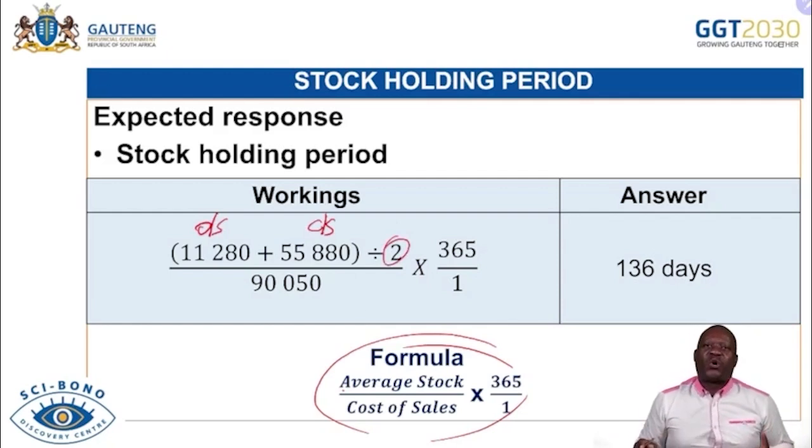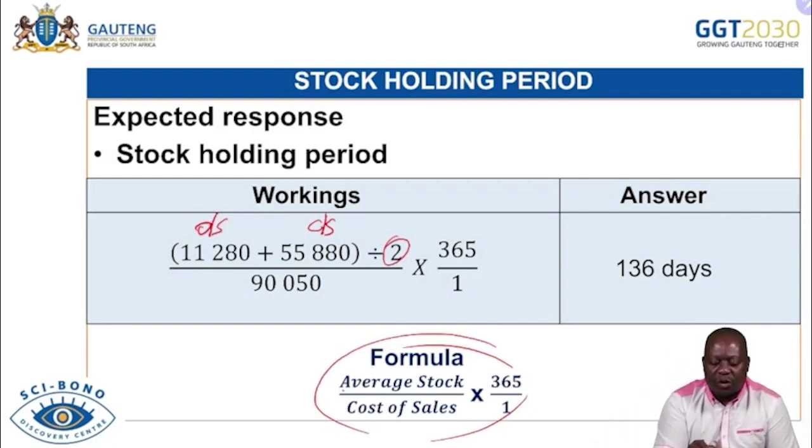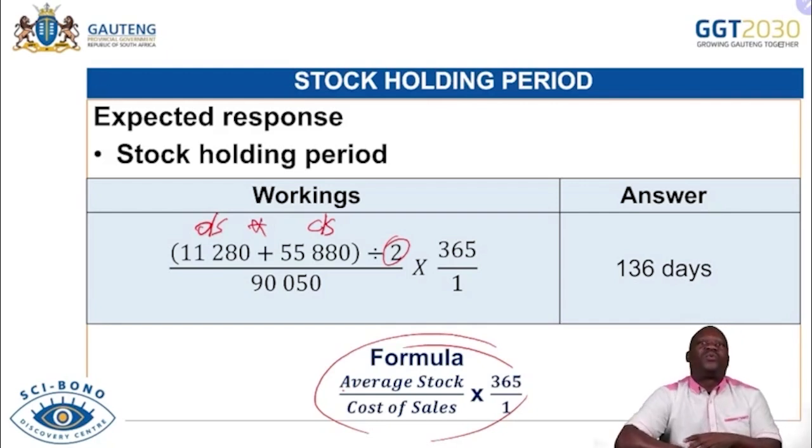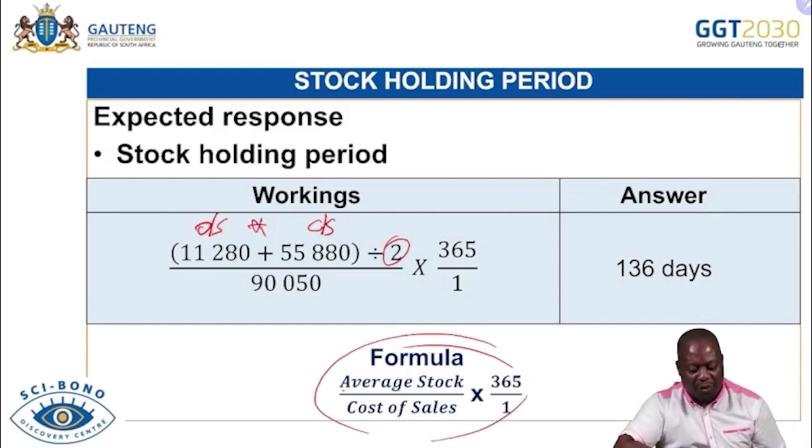Just for you to know, the average figure is going to be between 11 and 55,000. It's going to be somewhere in between. That's how you can see if your calculator is not playing games with you.